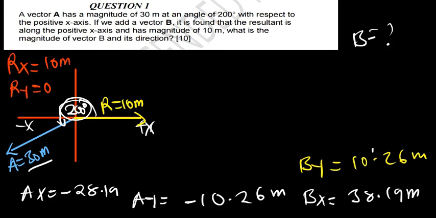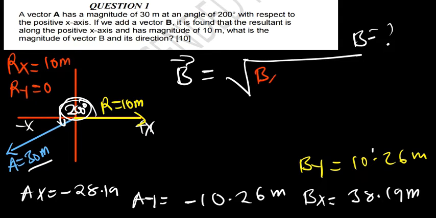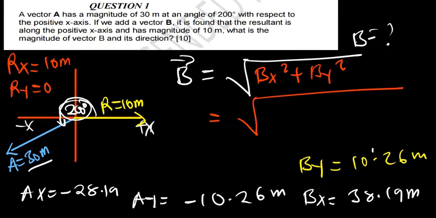If you have the x and y components, you put in the square root, then take the x component squared plus the y component squared. As simple as that. Let's plug in the values. The x component of b is 38.19 squared, plus 10.26 squared.